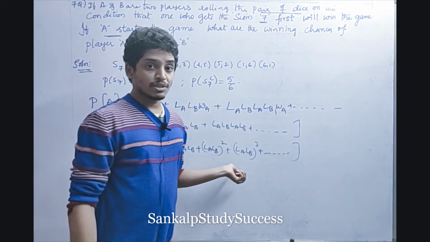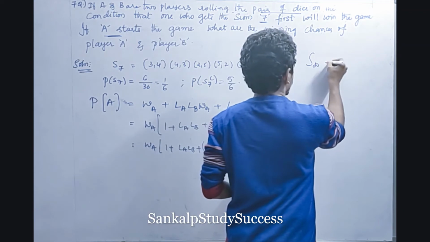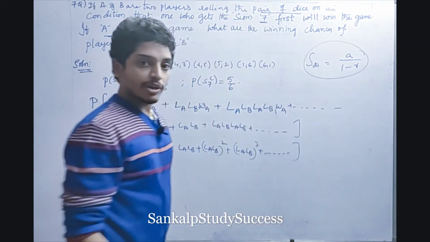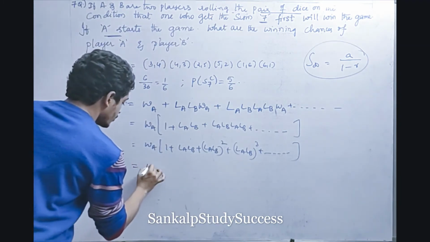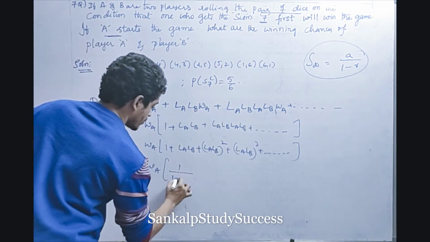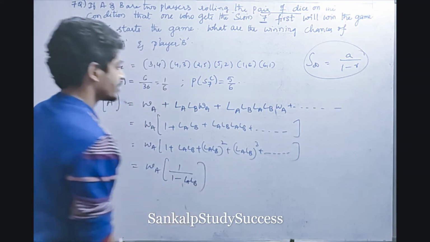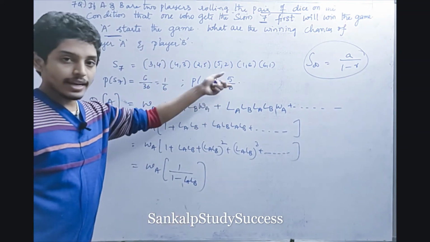In aptitude sessions you might be seeing this in geometric progression. Sum of the infinite series in GP is nothing but a by 1 minus r. Yes or no? First term by 1 minus common ratio. What is the common ratio here? LA LB is the common ratio. So WA into a by 1 minus r, where a is the first term, that is 1, and r is LA LB. Now let us apply the probability. This is WA, friends. This is LA. LA and LB are both the same.